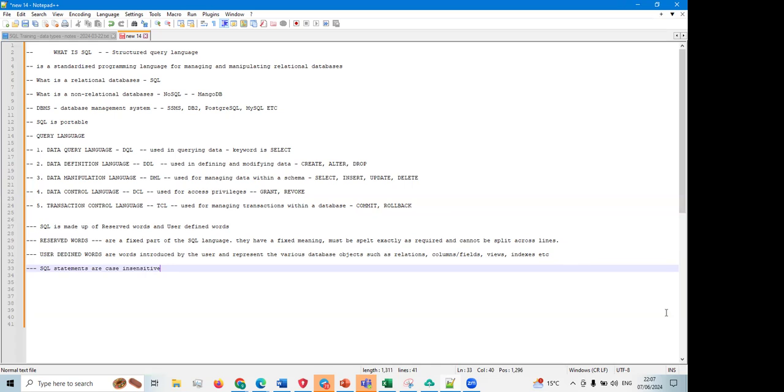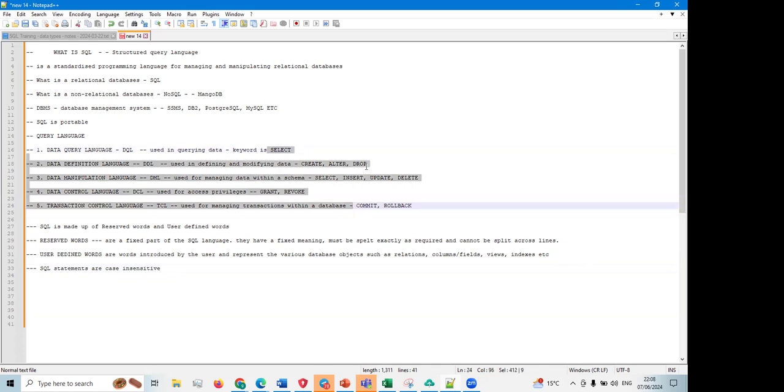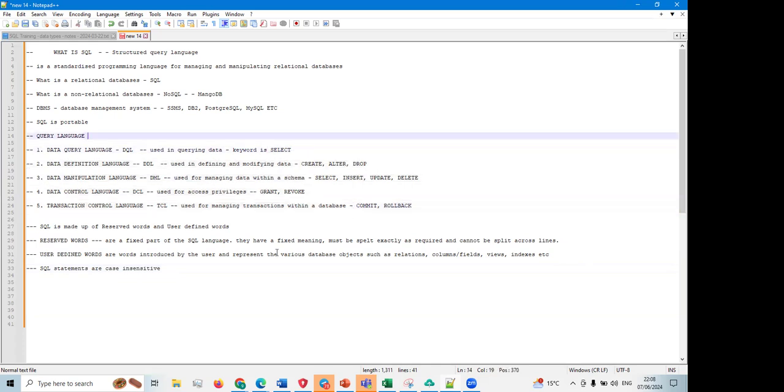So, for example, all these keywords that we have here, all of them, not a single one, are case insensitive, regardless of which management system you are using.